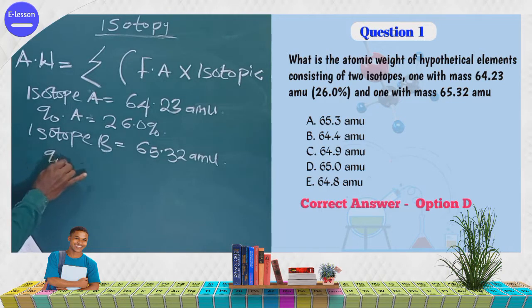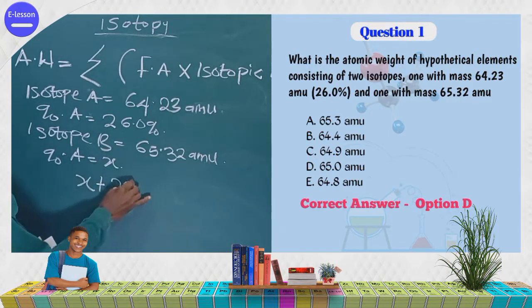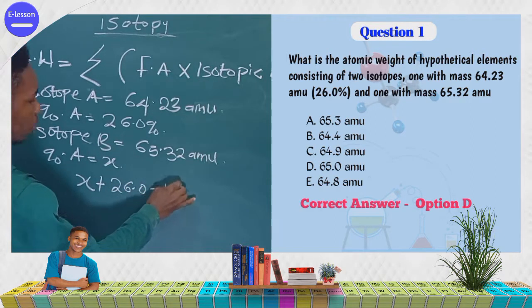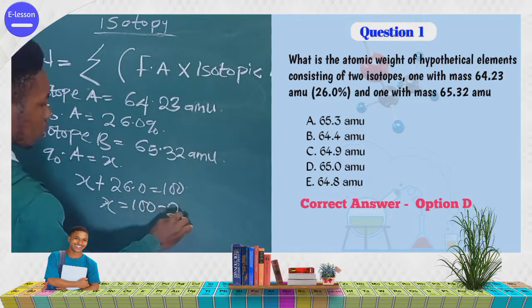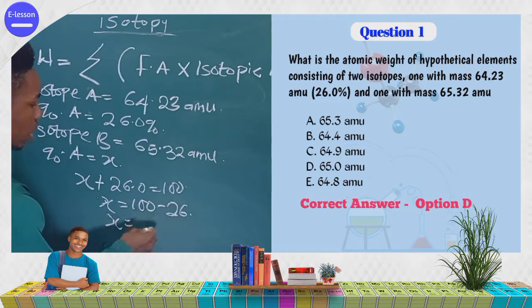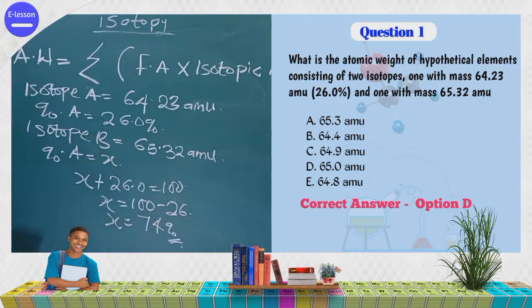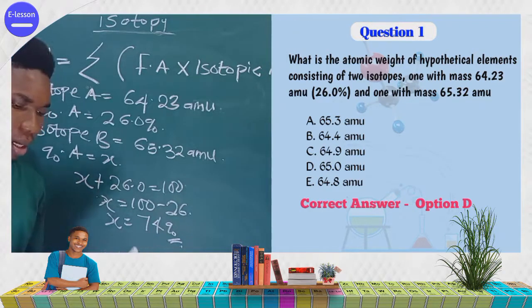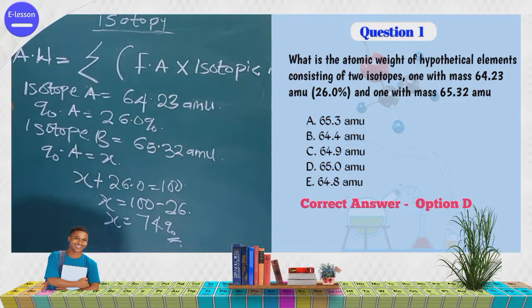So let the percentage abundance of this isotope be X. Then X plus 26.0 is equal to 100%. X will be equal to 100 minus 26, which is 74%. So the percentage abundance of isotope B is 74%.